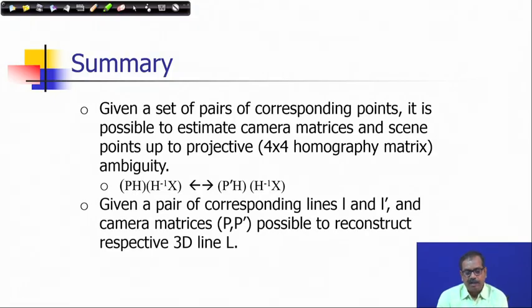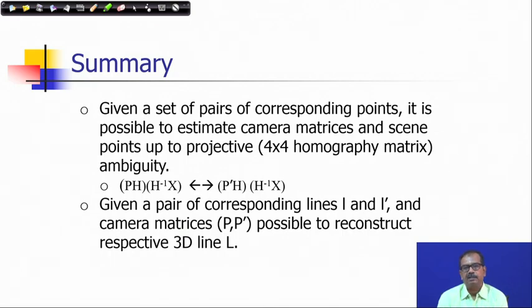Then given a pair of corresponding lines L and L prime and camera matrices P and P prime, it is possible to reconstruct the respective 3D line L. We discussed that also. So, in this case you can compute the plane formed by the line L and the camera center.